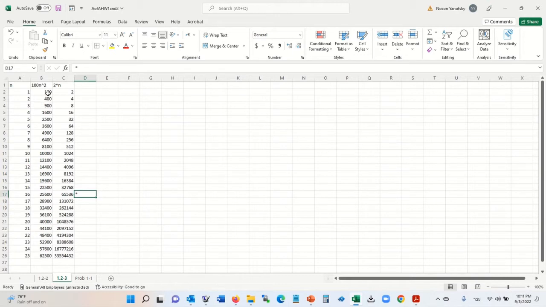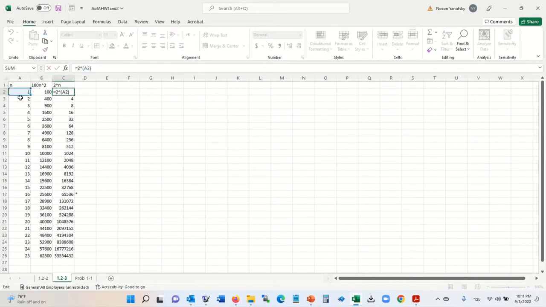Then we simply plug in the numbers. That's 100 times A squared. A squared is this times that, to the second power, and this is 2 raised to the second power. And you get that.